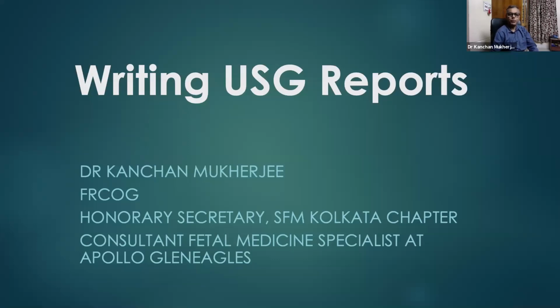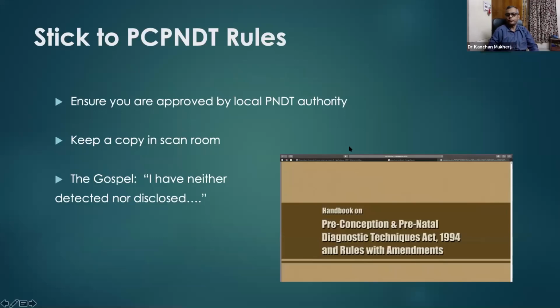So even before I start talking about how to write a report, I think you should all ensure before writing a report that you are approved by the local PNDT authority. Given that you are all postgraduate trainees either in radiology or in obs and gynae, I presume you are all eligible, but eligibility is one thing and having approval from your local PNDT authority is another thing.